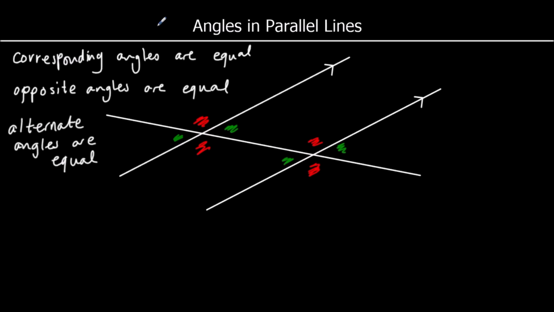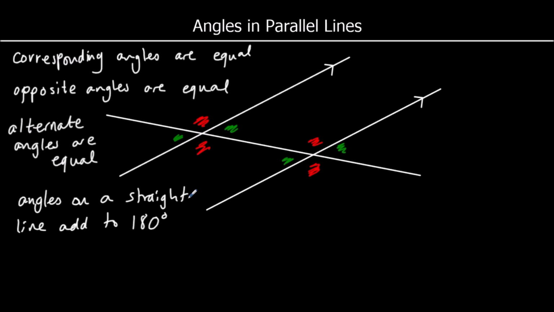So angles on a straight line add to 180 degrees. And we can also say that co-interior angles also add to make 180 degrees.